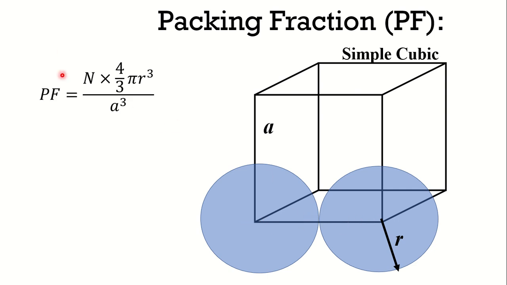Obviously here the packing fraction is n into 4/3 pi r cube, which is the volume of each atom, divided by a cube. If I put n equal to 1 and 2r equal to a, we can estimate the packing fraction, which is of the order of 0.523.